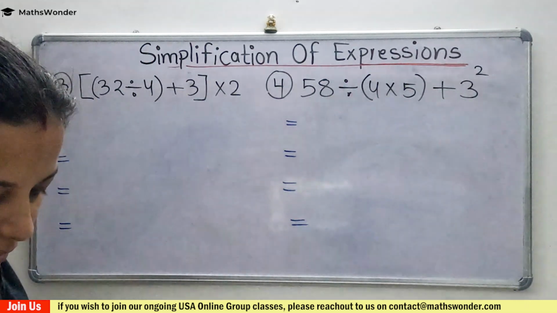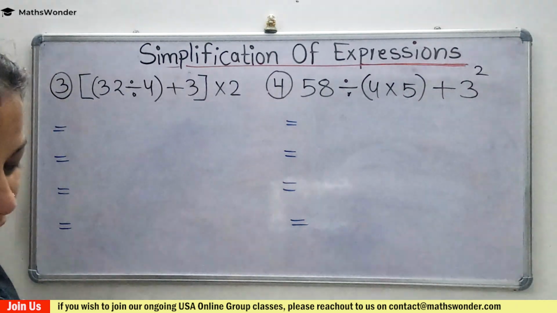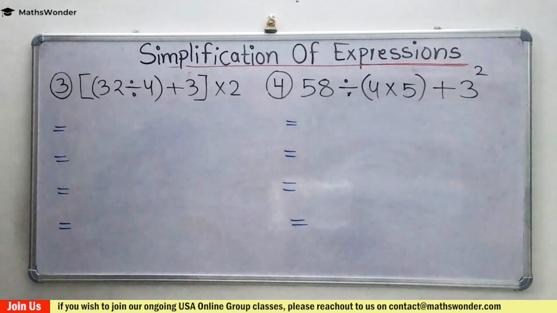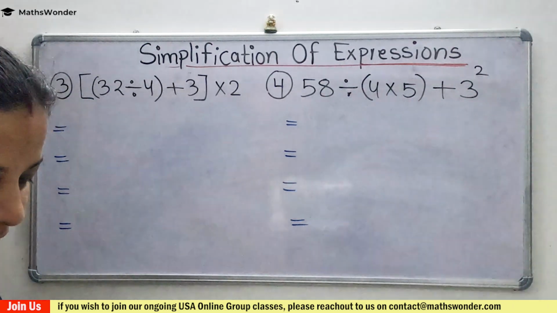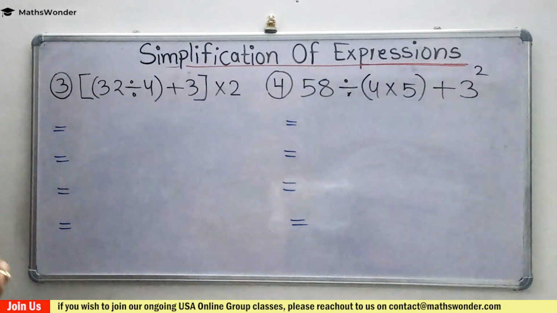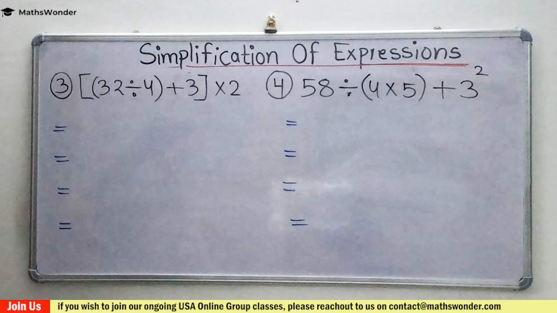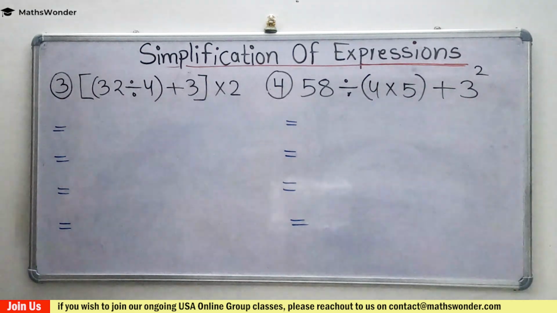I will explain powers and roots first, and then we'll do more questions based on this. D stands for division, M for multiplication, then addition, subtraction, as you know. So the order of operations has different names in different countries. The meaning of all is the same.